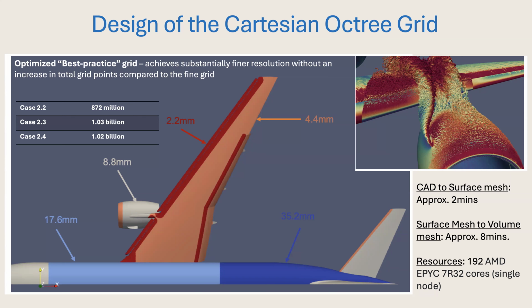So without changing the number of grid points too much, based on those grid resolution studies, he reiterated his grid topology, having 2.2 millimeter minimum, but then the second level is 4.4 millimeter on the suction side. And I am giving the timing: surface mesh is about 2 minutes, and then surface to volume mesh took like 8 minutes for this case. It's just a single node of the AMD machine, right?